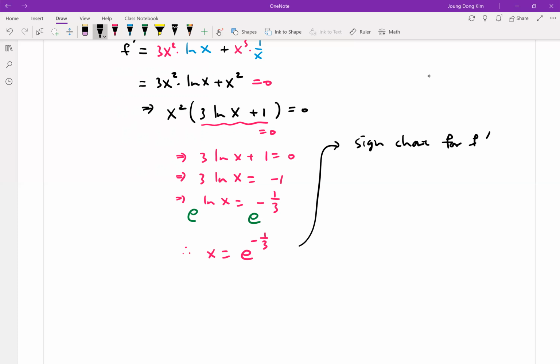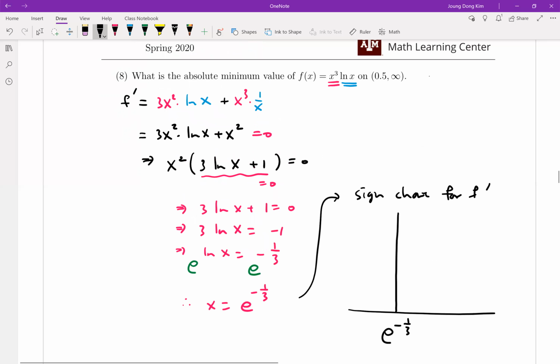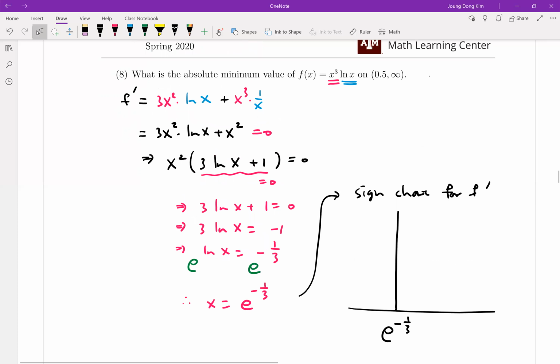So whenever you plug in any number between 0.5 and e to the minus 1/3, your f prime value is negative, because x cubed will be positive, but ln of e to the negative power will be a negative value.